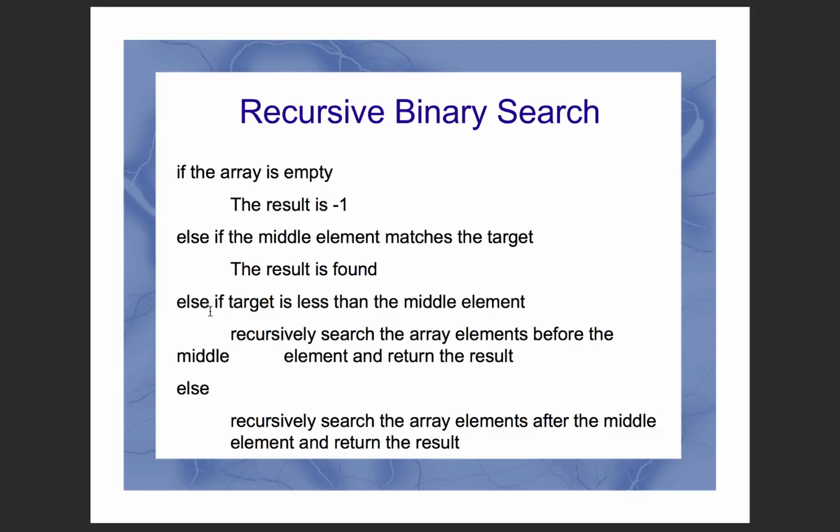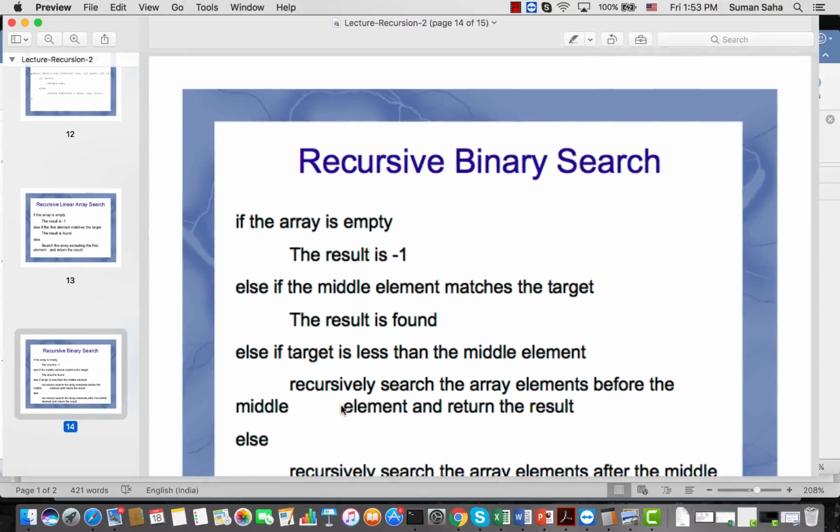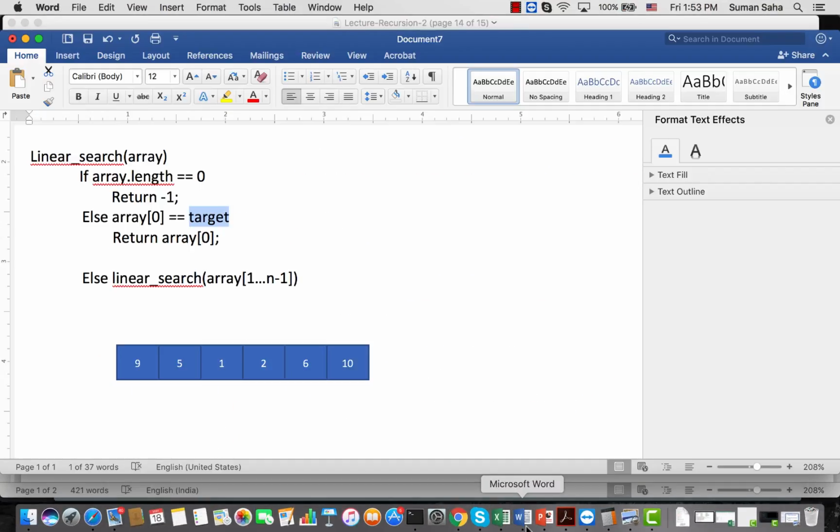But if you want to have some better complexity, probably the binary search algorithm is a better option. The only restriction of the binary search algorithm is that your data should be sorted. So it cannot be applied to an unsorted array. So here this is an unsorted array.